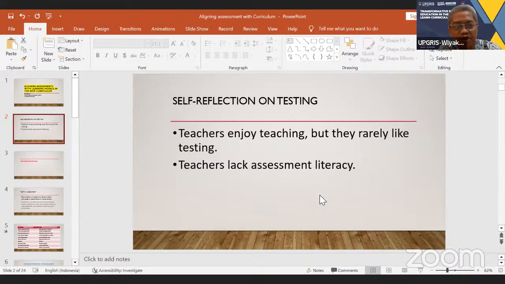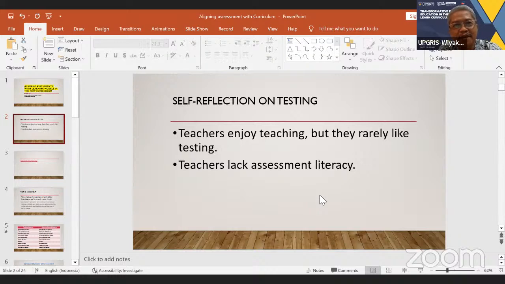Take an example: I am probably one of you, the teacher, usually teaching grammar in the classroom. When you teach grammar or structure to your students, I will guess that the format of your assessment will be multiple choice.